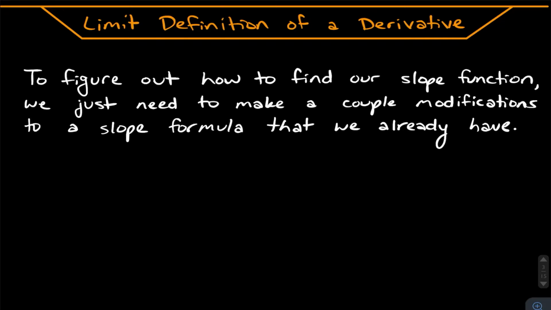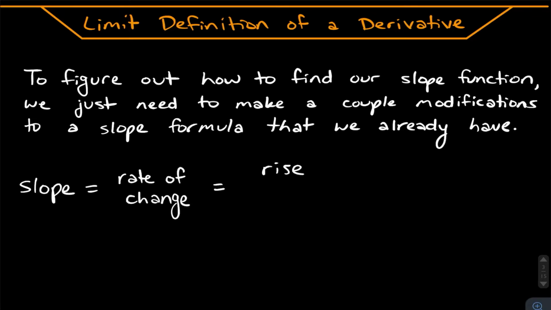Okay? And so, to figure out how to find our slope function, we're going to make a couple modifications to the slope formula that we already have. The slope formula that we have: the slope is equal to the rise over run. It's the rate of change. And we also know that we write that as y2 minus y1 over x2 minus x1.